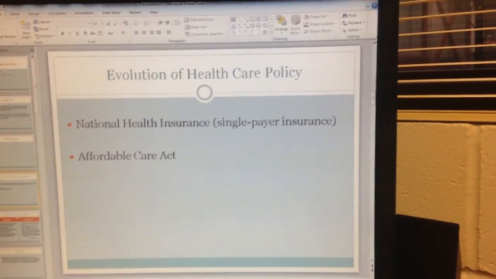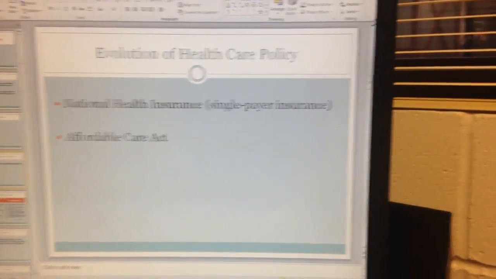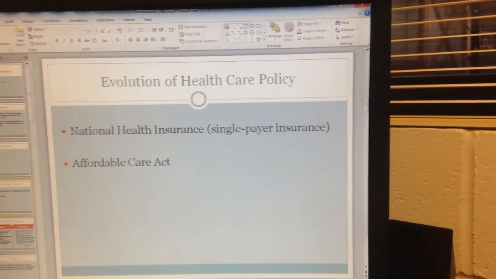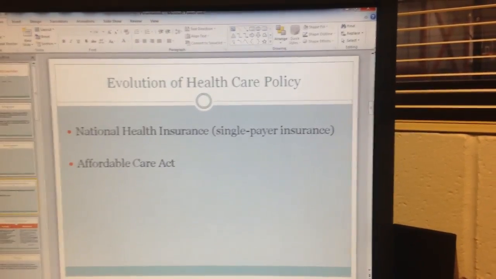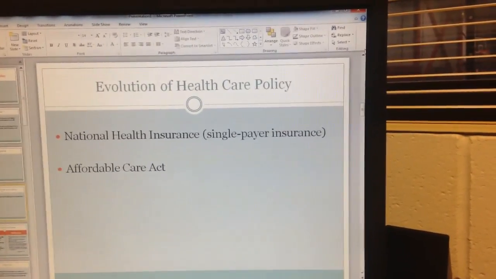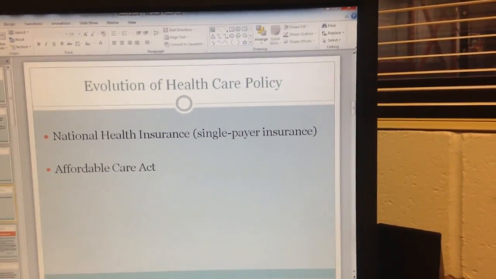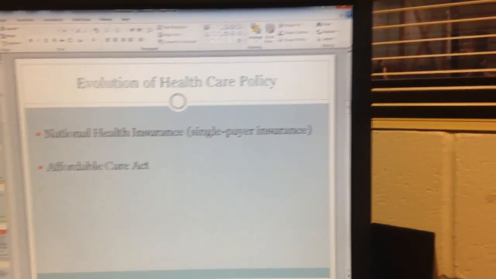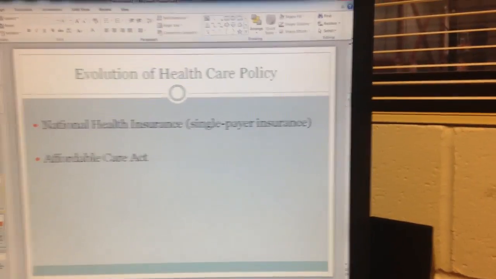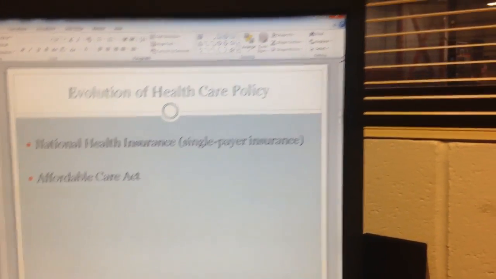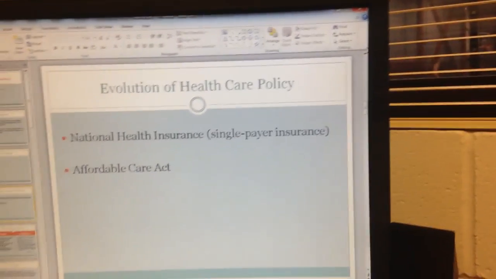It created a bunch of new regulations, including that children who are students can stay on their parents' plan until they're 26 years old, and it will eventually cover individuals with pre-existing conditions. Now, this act is to take effect over the course of 7 years. So some of these policies have already been implemented, but some of them are still yet to come.